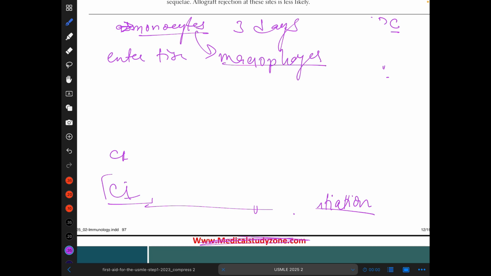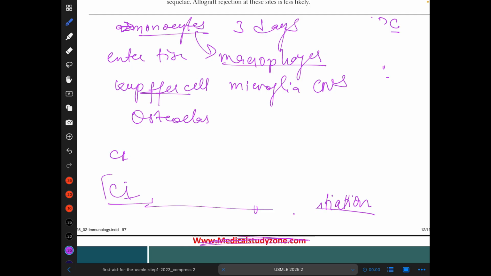According to the site, they are given names: Kupffer cells are present in liver, microglia are present in the CNS, and osteoclasts are present in bone.